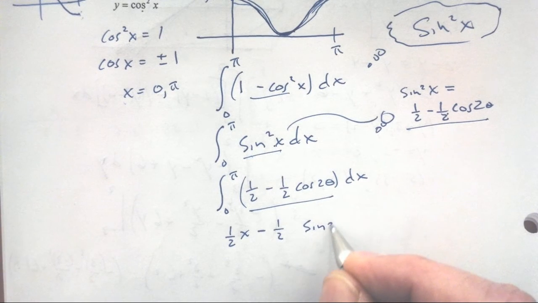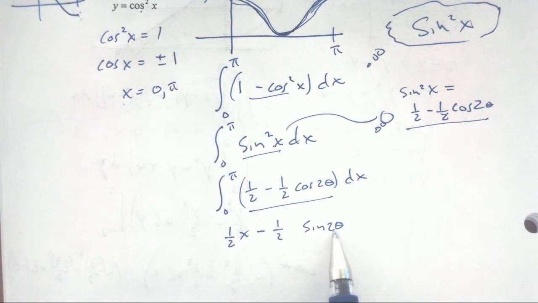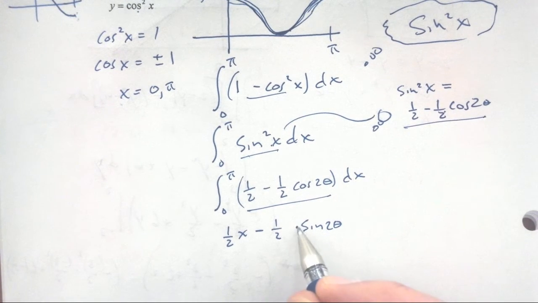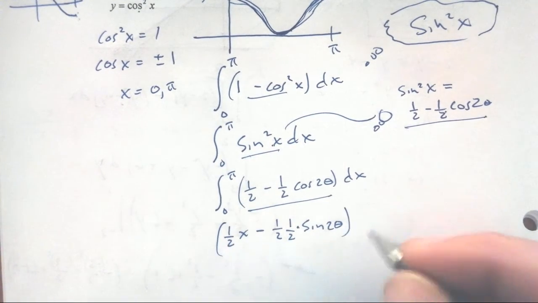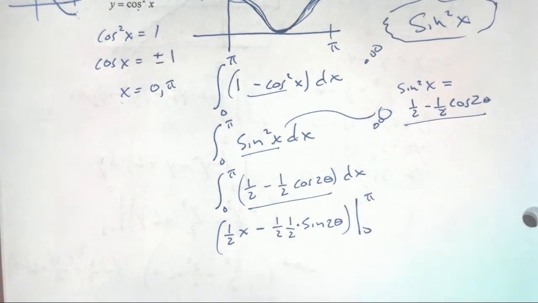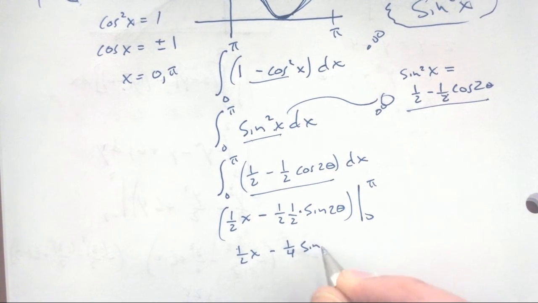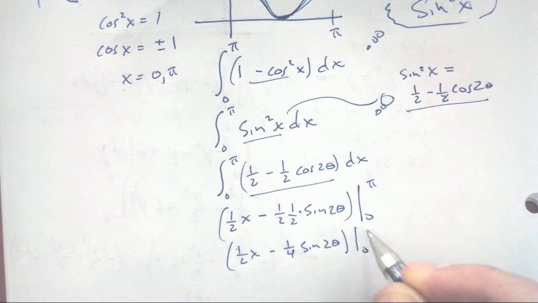Well, sine of 2 theta would, but the derivative of sine of 2 theta is cosine of 2 theta times 2. I have to cancel that times 2, so I need another 1/2 here. That is from 0 to pi. Or I get 1/2 x minus 1/4 sine of 2 theta from 0 to pi.